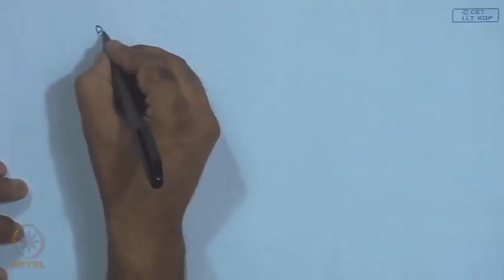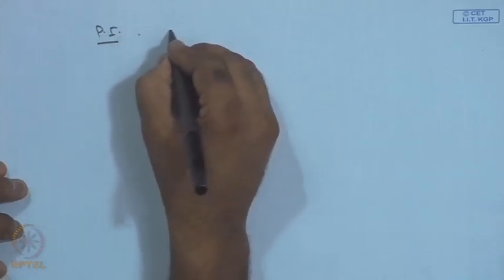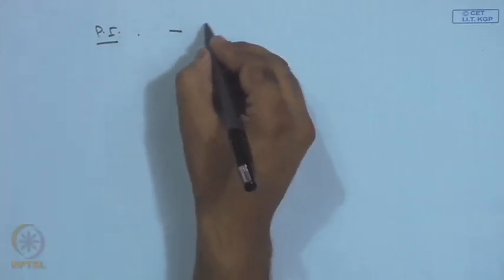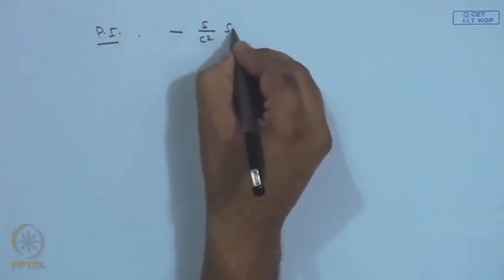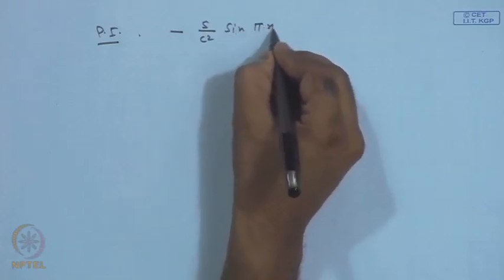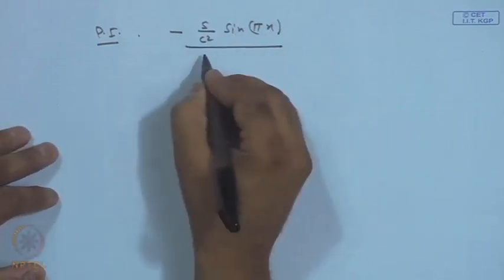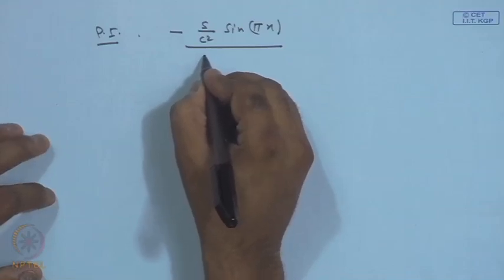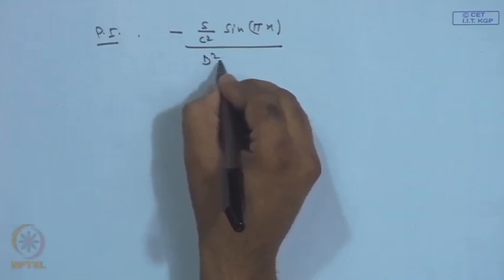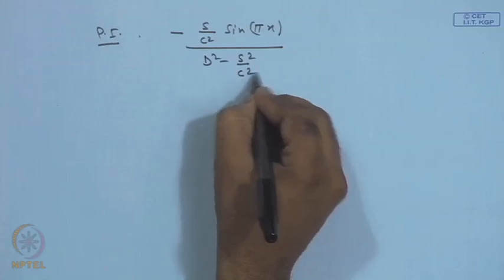And the particular integral in this case would be minus s over c square sin pi x over D square minus s square over c square.